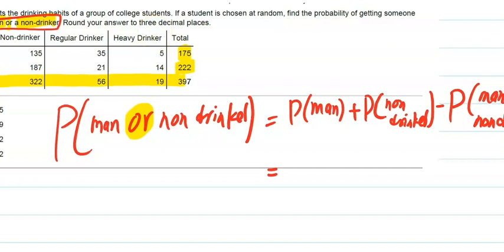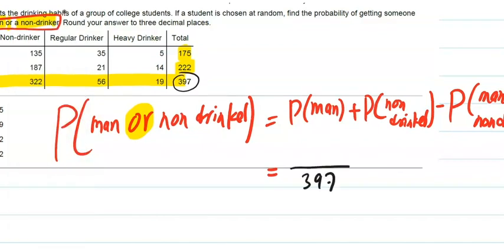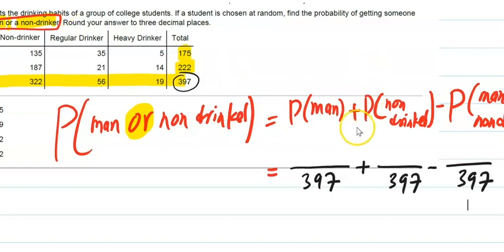So how many people in the survey? 397. So basically 397 goes in the denominator, of course 397 here, minus 397 here, because I have three probabilities. Each probability, when you find them, you got to put the number of trials in the denominator, which is 397.